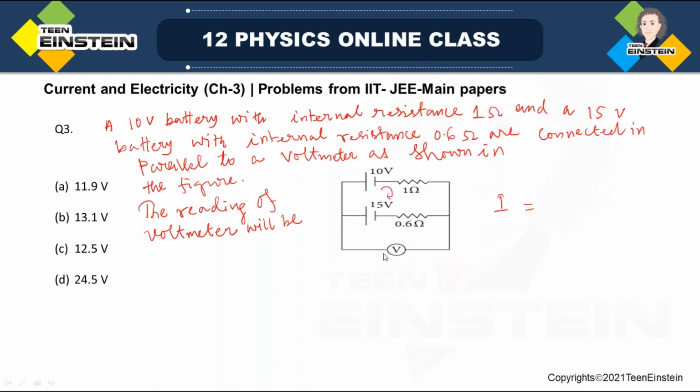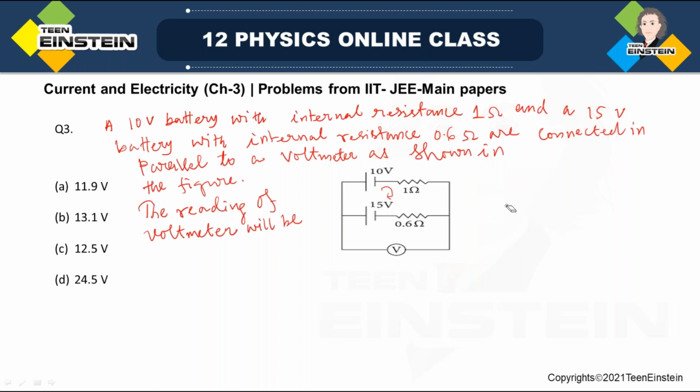Let us now forget about this voltmeter. The same current will be flowing through both the resistors, that is for sure. Let us say I is the current flowing through the circuit.